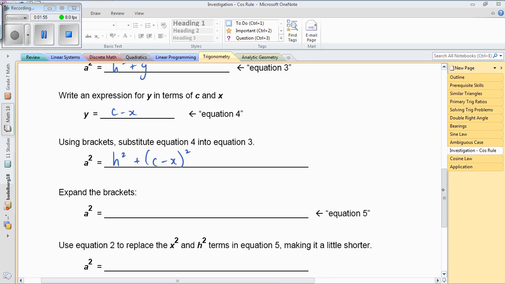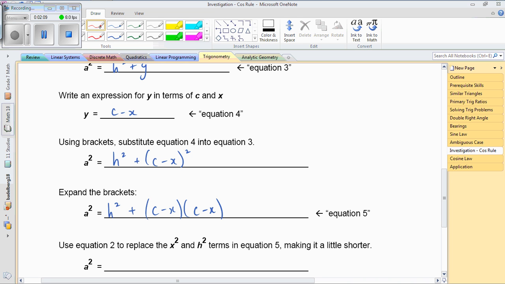It then tells you to expand the brackets. So when you do that, you get x squared plus, if you need to, expand like this. This is (c minus x) and then (c minus x), which should help you to then FOIL out the bracket like this. So that is equal to h squared plus c squared minus 2cx plus x squared.